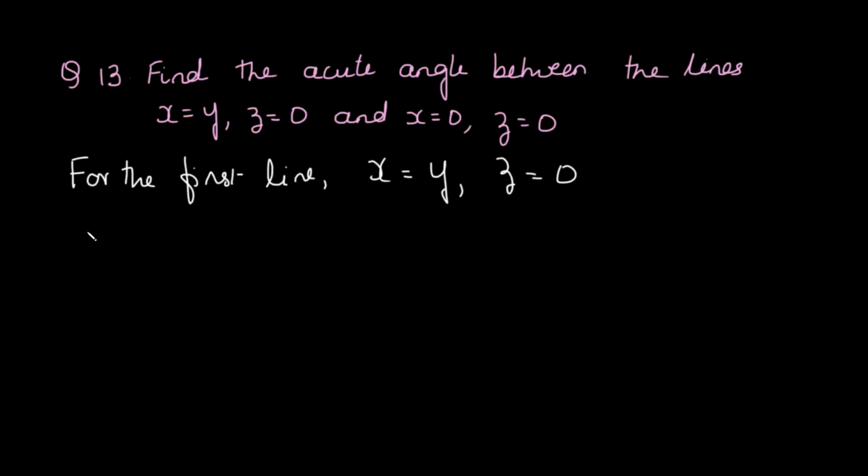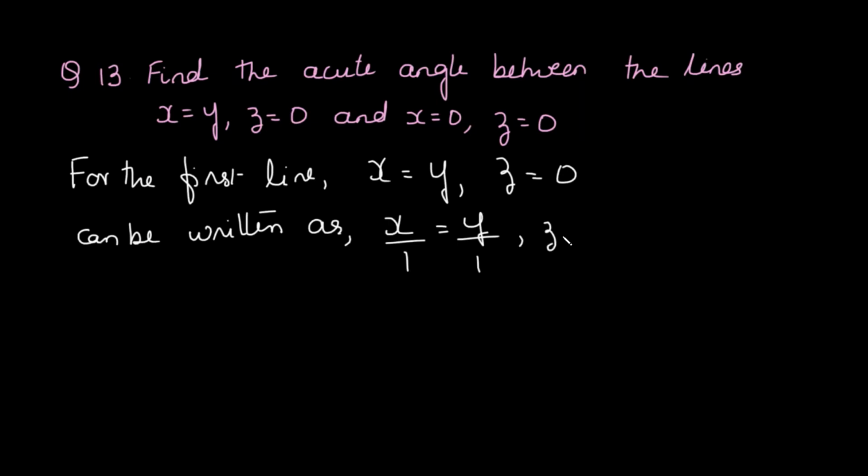And this equation can be written as x upon 1, denominator 1 doesn't make a difference here. So x upon 1 is equal to y upon 1 and z is equal to 0. Okay, this is the equation of this first line.